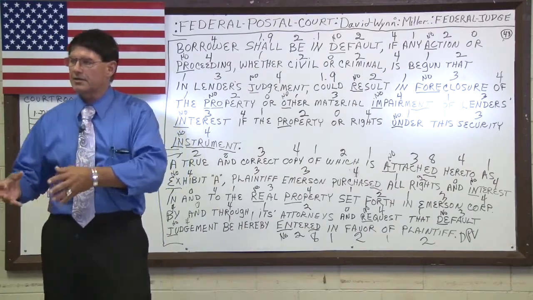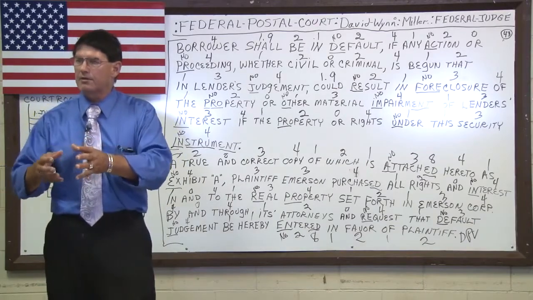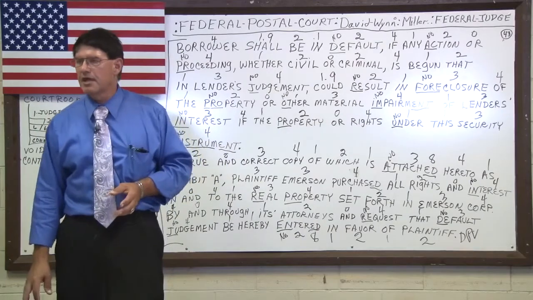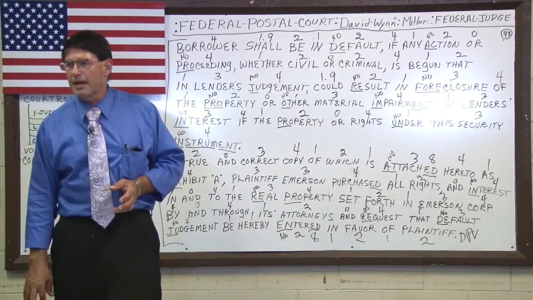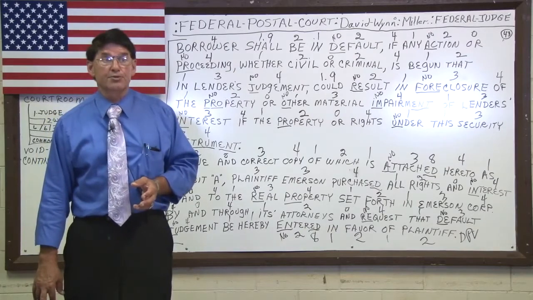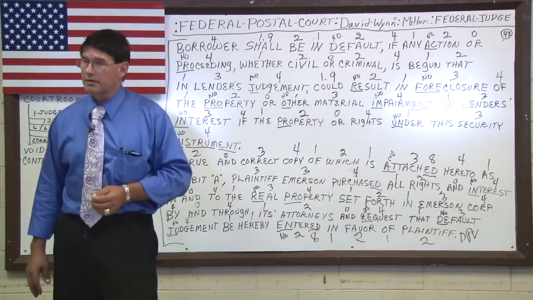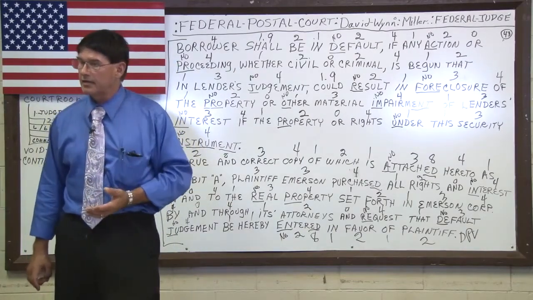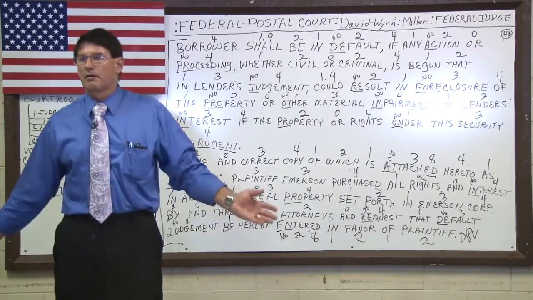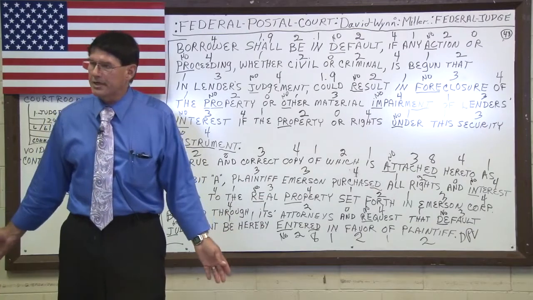The little banks will sell it to a big bank. The big bank will turn around and sell it to Wall Street, which then sells it to foreign investors as a securitized backed asset. Do they have title to your property? The answer is no, like you have title to an automobile. They can't produce the title, and when you ask the bank, where's my title, they're going to say, we don't have to show it to you. That's because they don't have it.